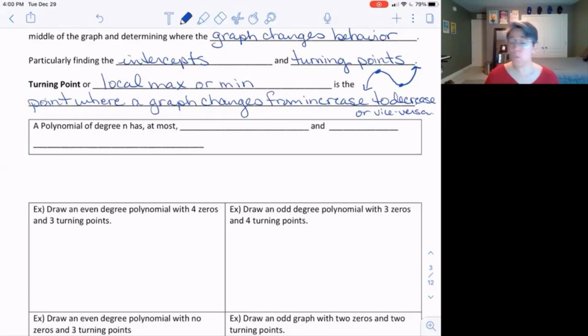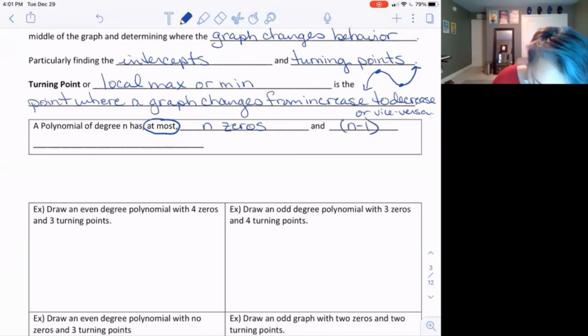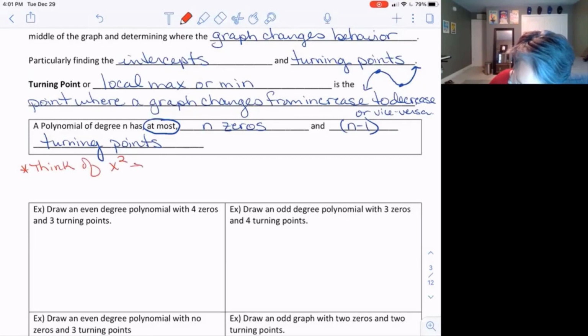Now, a polynomial whose highest exponent is n, in other words, has a degree n, has at most n zeros and n minus 1, put that in parentheses, n minus 1 turning points. If you forget that little piece of information, think of x squared, okay?